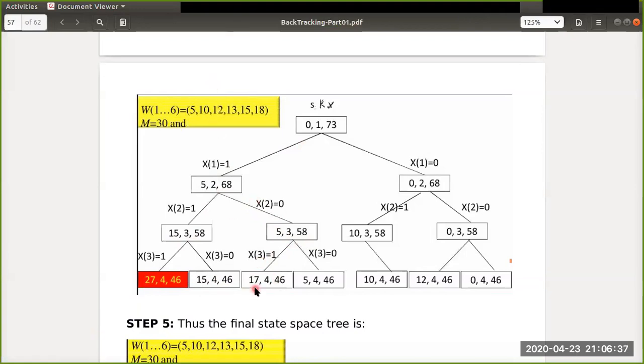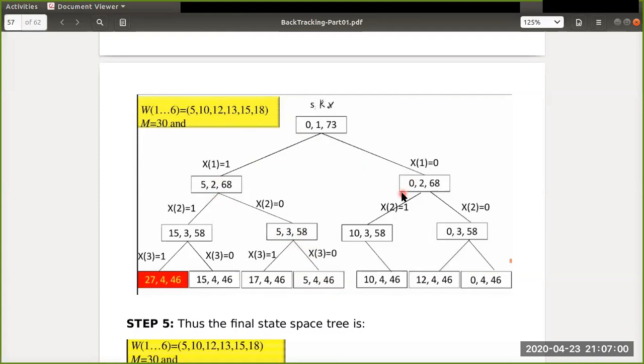Here 46 is common. If only the first item is included and the second and third are not, it is the 5 weight only. Nothing is changed. The fourth iteration is 46, since 58 minus 12 is 46.